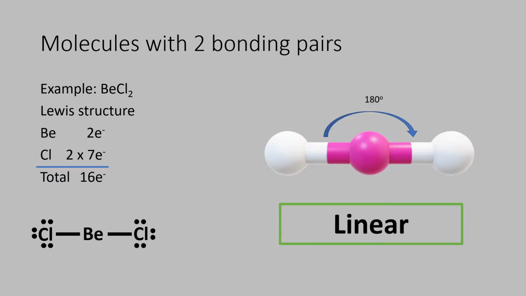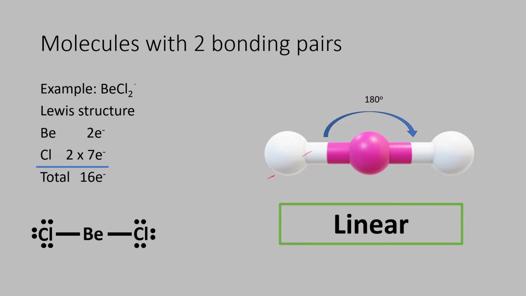Okay, the first thing is beryllium dichloride. The first thing you guys kira dia punya electron valence, and then buat Lewis structure kan. So Lewis structure, you lukis you punya Lewis structure. One thing yang saya tengok ramai salah.